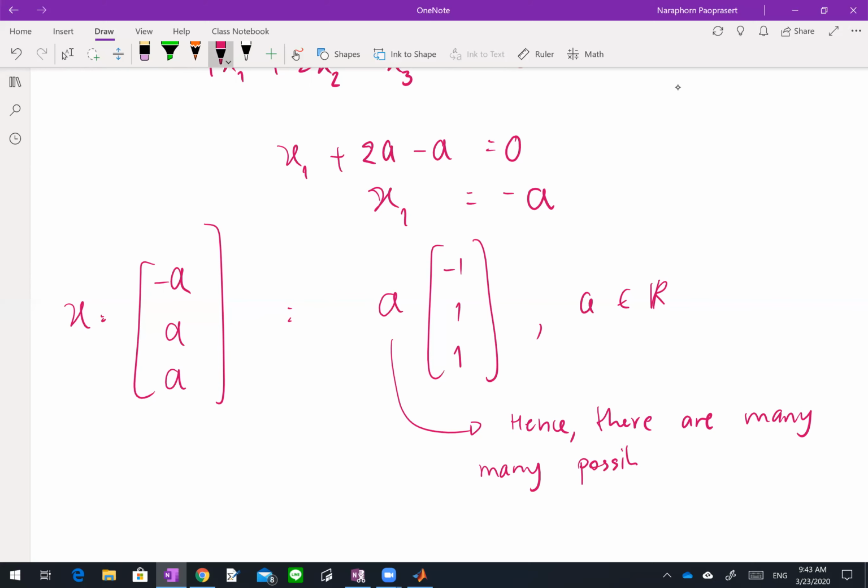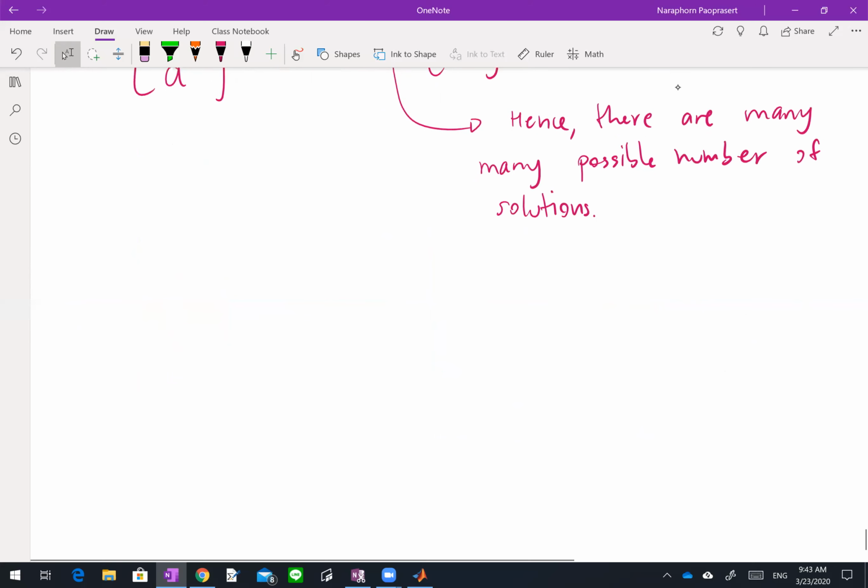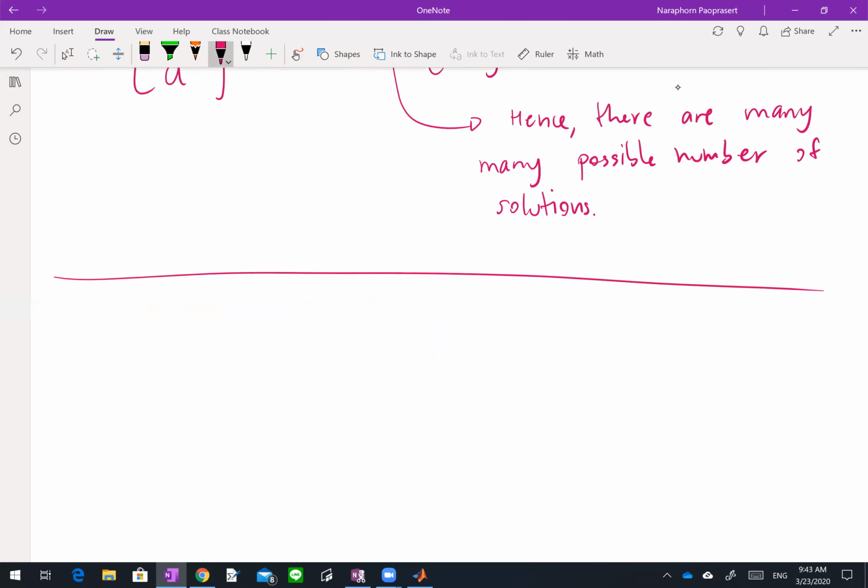Many possible solutions, and that's fine. So this is the way that you solve the homogeneous system of equations. And this background is going to be used when you want to solve for the eigenvalues and eigenvectors. So let's just move on to the topic of eigenvalues and eigenvectors.